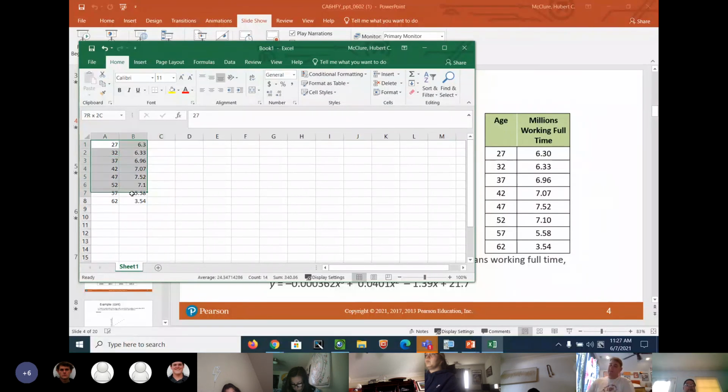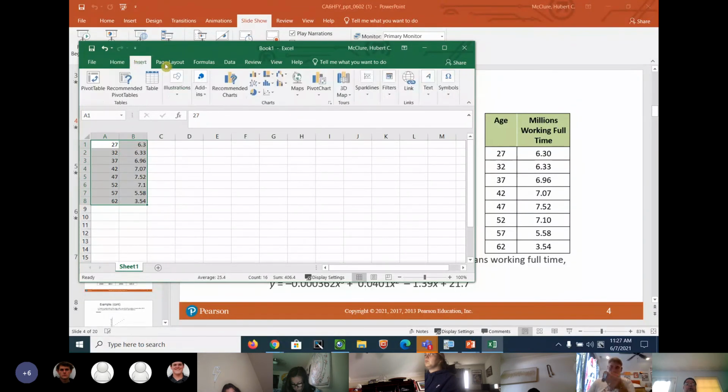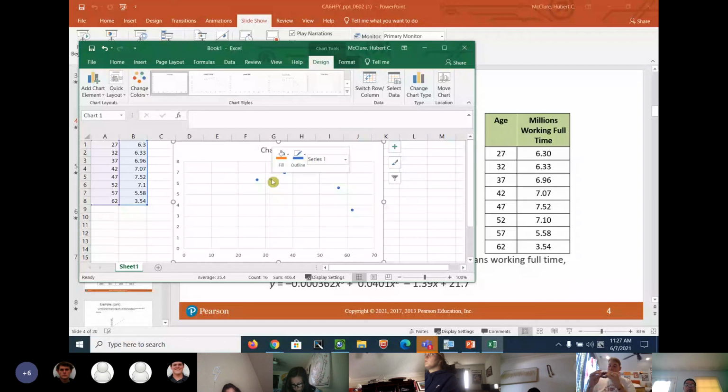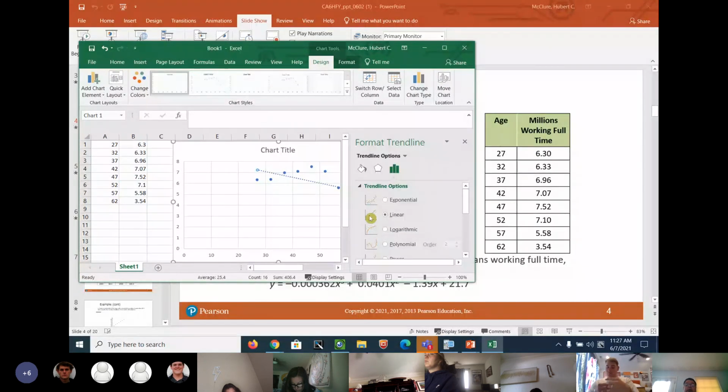Highlight, insert, add trend line. We're going to call it a polynomial. Well, maybe a power. No. I don't think you're going to be able to get a good one.